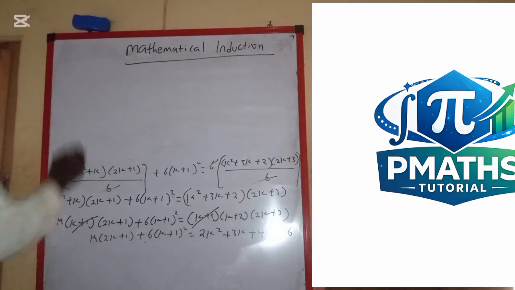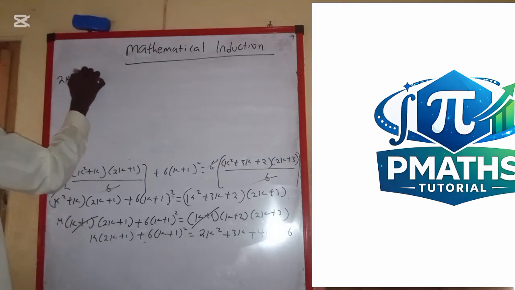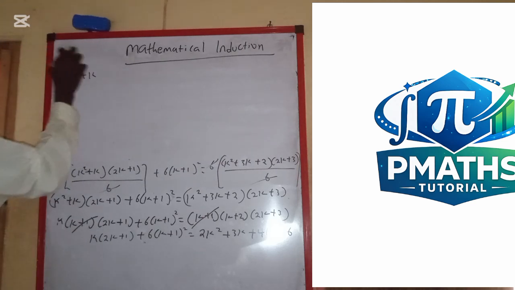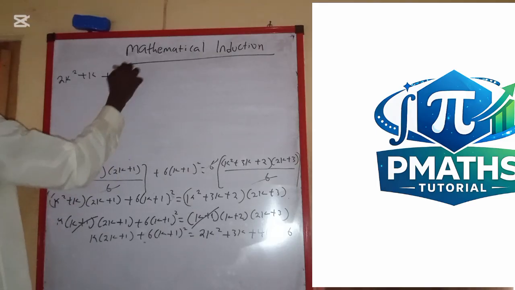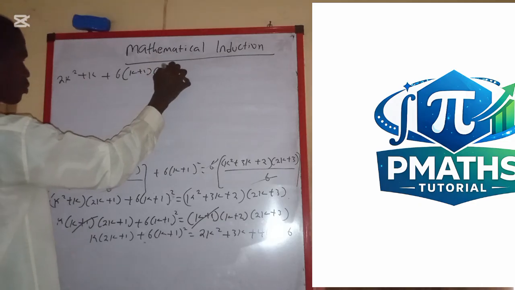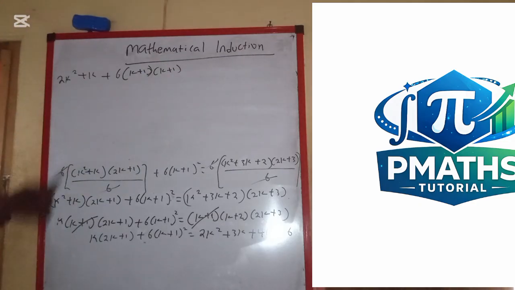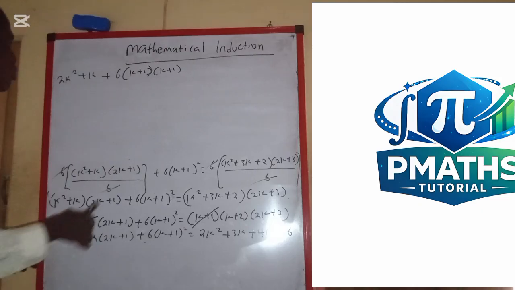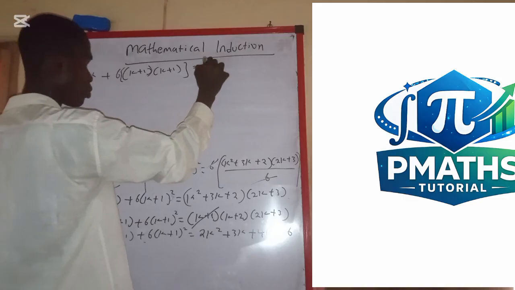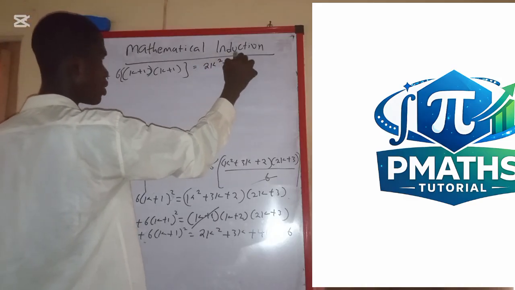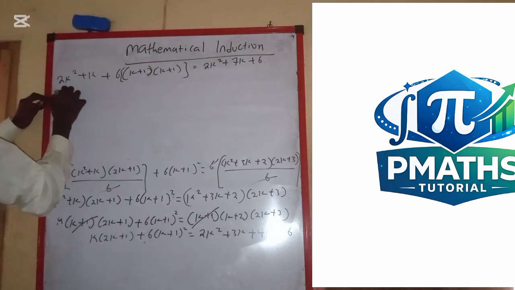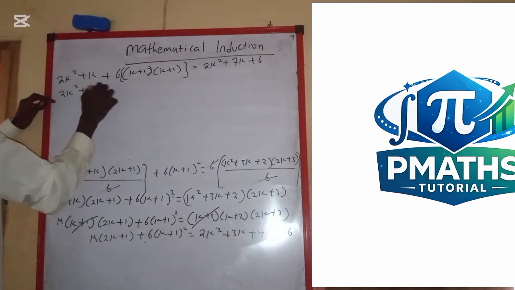So if we open this bracket, we have 2k squared plus k plus 6k plus 6, which equals 2k squared plus 7k plus 6.